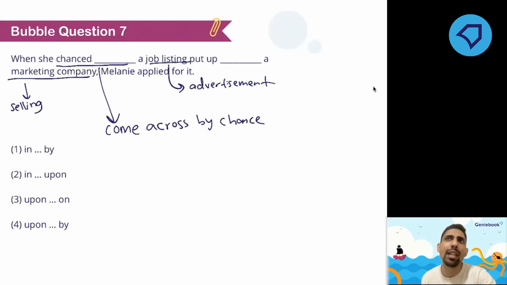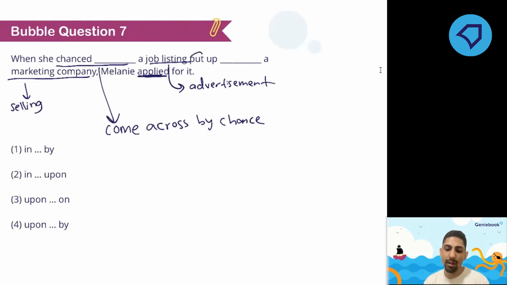Should I use Facebook ads, Instagram ads? I can go to a marketing company. They will sort it out and help me sell my product. That's just a brief summary. So Melanie applied for it means Melanie said, yes, I want this job. Whether she gets it or not is another story. Okay, bubble question, let's go.